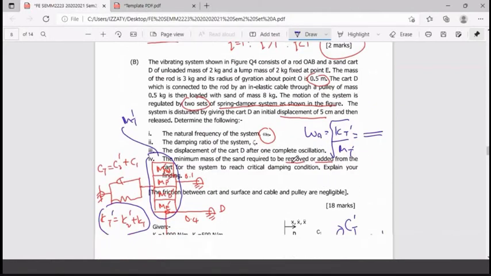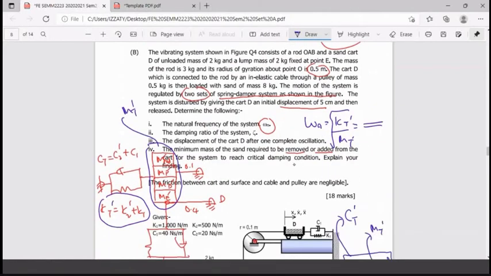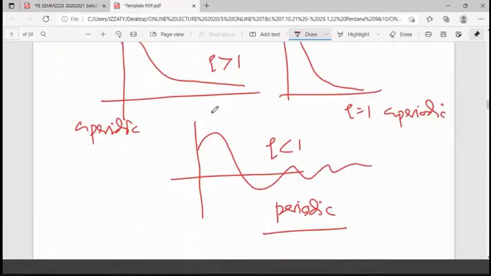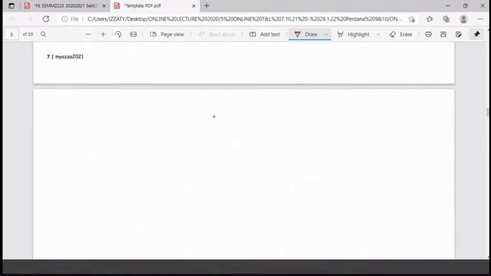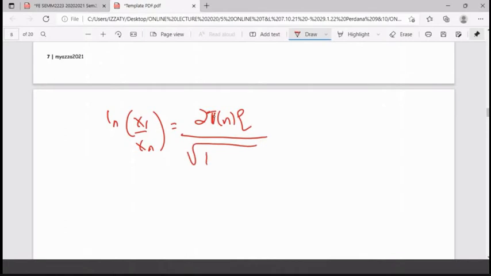Okay, next. The displacement of cut D after one cycle of operation. How are you going to do this, to check the displacement? Use this equation: ln x1 by xn is equal to 2 pi n zeta over square root of 1 minus zeta squared. Zeta is calculated, isn't it? N is given.